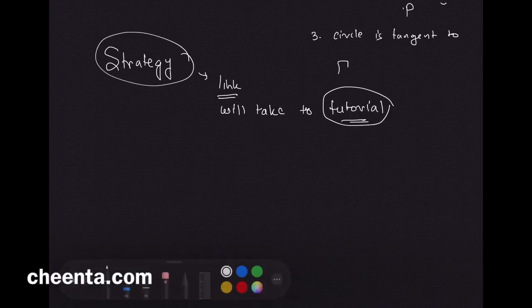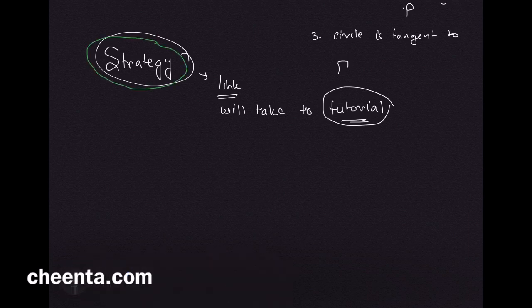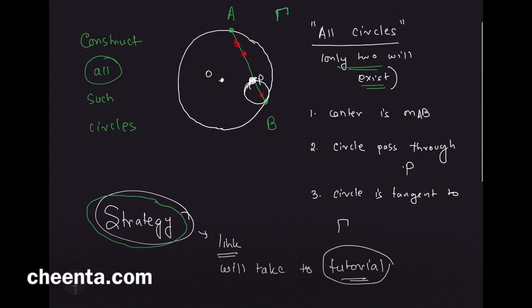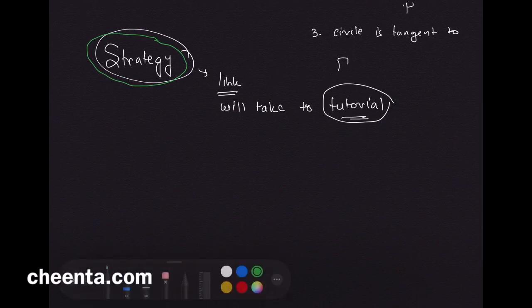Okay. All right. So what is the strategy to solve this kind of problem? Instead of starting the construction arbitrarily, you can imagine that you have already constructed such a circle. So let me write that.